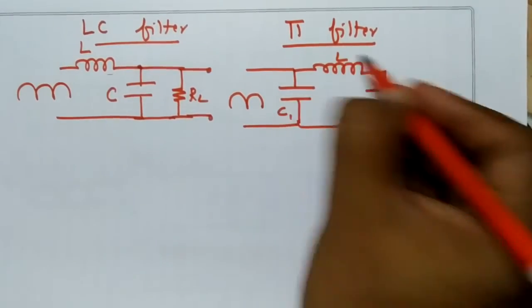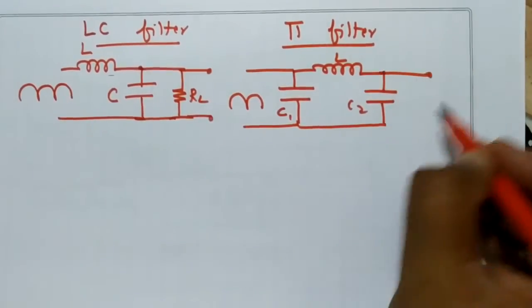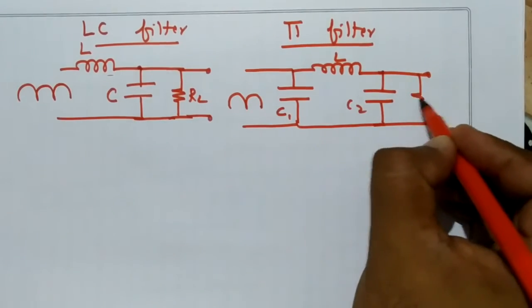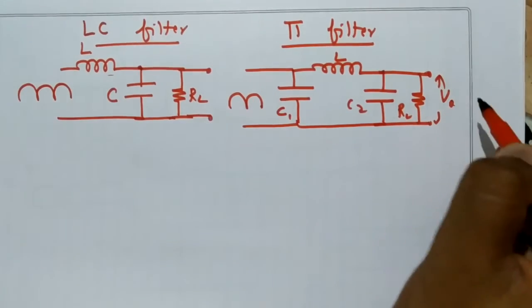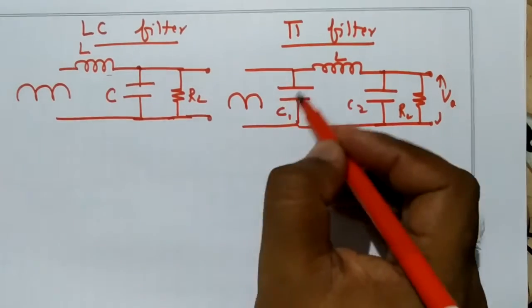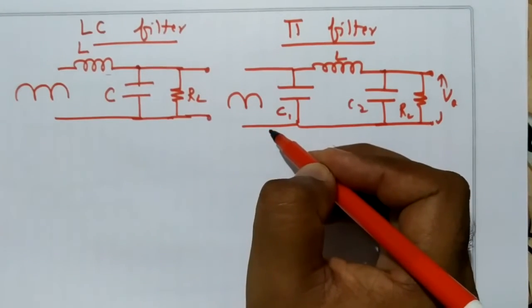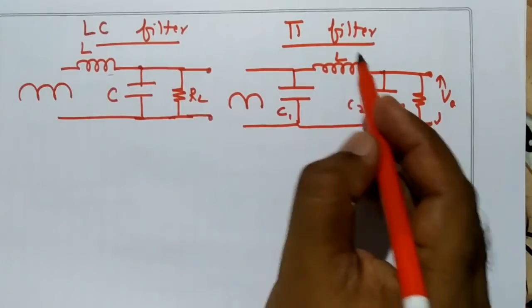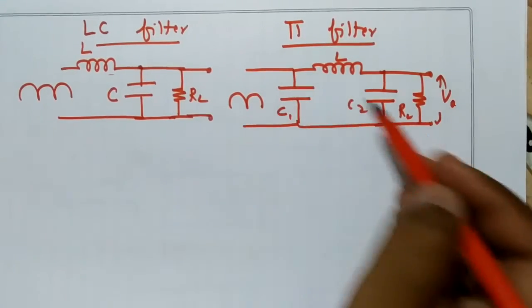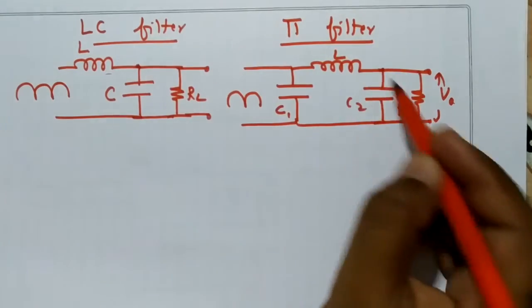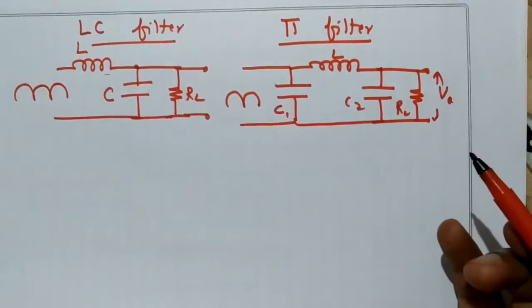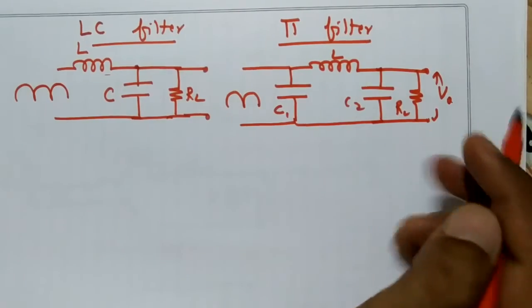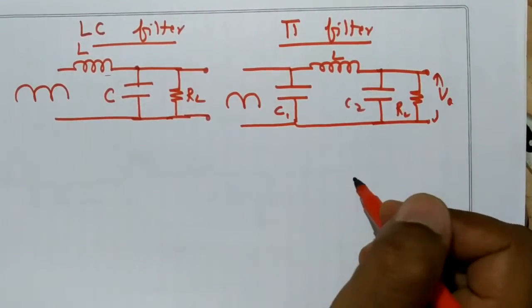C1, L, C2. Here the load resistor, and here you get the output voltage. So here some amount of AC will be blocked, some amount of AC will be blocked here, and finally the remaining AC will be filtered by this filter. So here you will get almost a DC voltage.